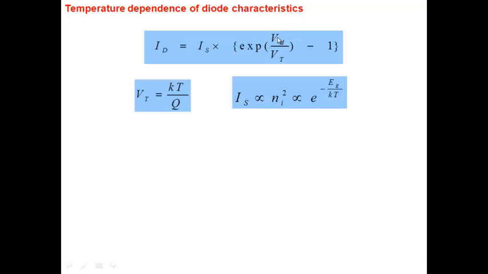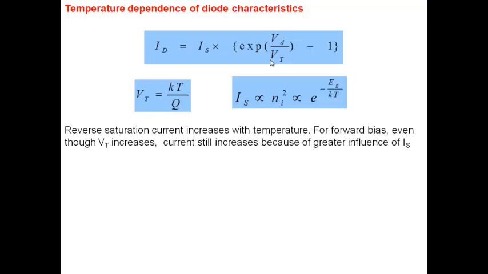So this is minus 1.12 and this is e to the power 0.7 by Vt. If I'm looking at forward bias, the minus 1 is not there, and the whole term will be a negative term. A negative term means the current is going to increase. So as I increase my temperature, my current in the diode will increase with temperature. That's the characteristic of a PN junction diode.